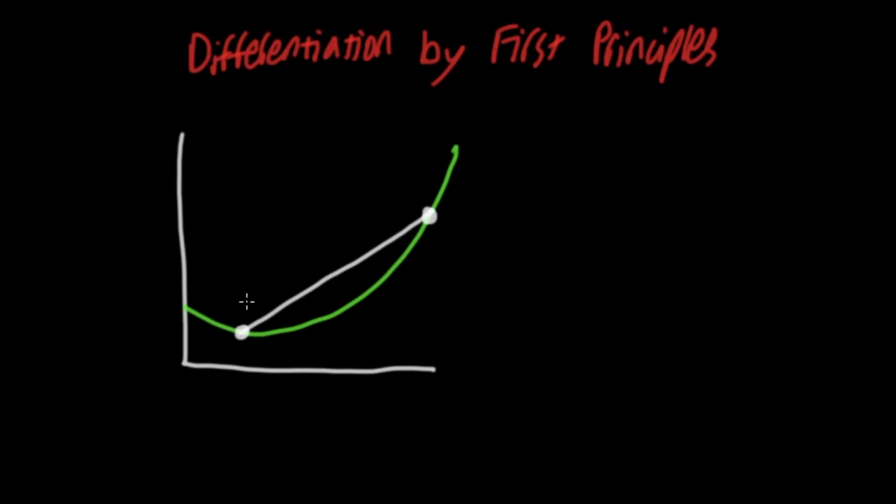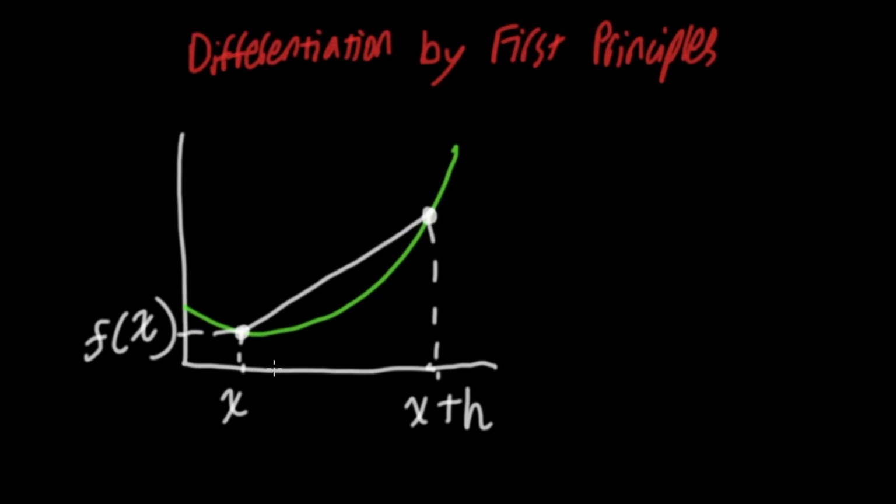So we're trying to find the steepness of this point right here, which is a line that would end up being about here. So let's call this point x, and we'll call this f of x, which is just the y value that the function will give us. And if we come over to this point here, we can call the x coordinate of this point x plus h, and that means that this distance here is h, so we're just taking our x value and adding h, which gives us this point here.